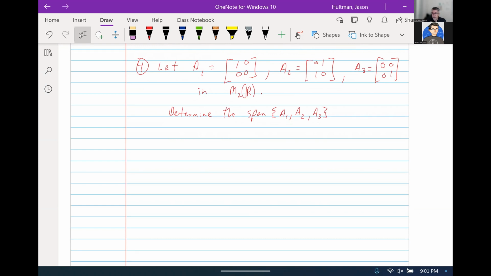Before, we were trying to prove that it was spanning a certain vector space. Now we're just saying, well, what can it do?